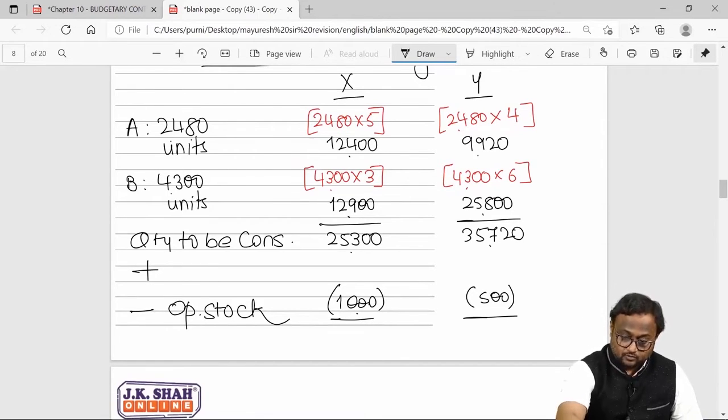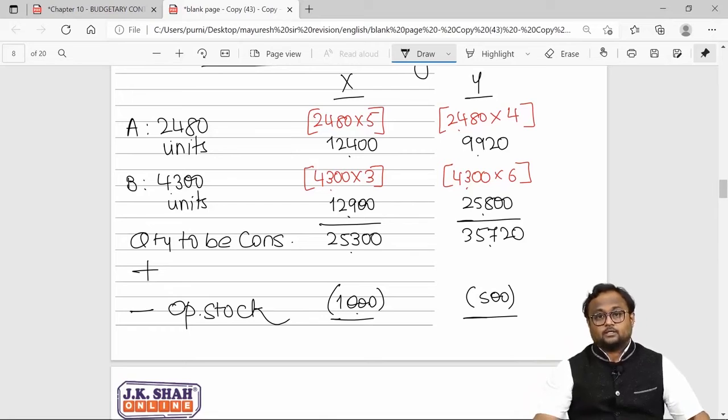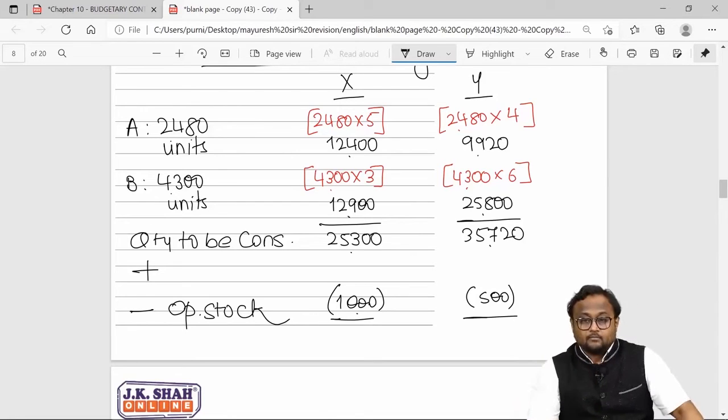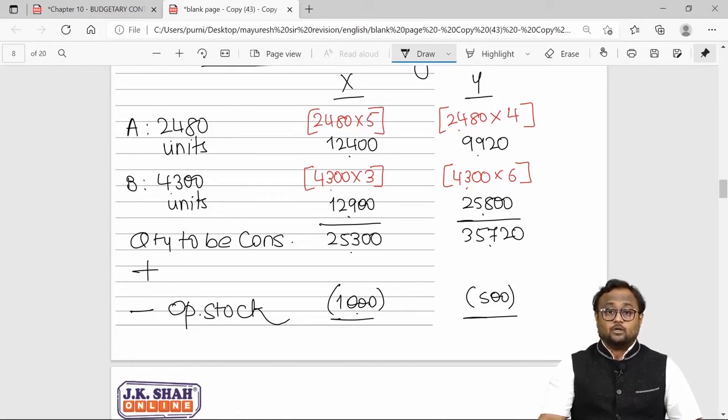So 9920 plus 25,800, 35,720, 25,300 is what I'm supposed to consume, and 1,500 I already have.